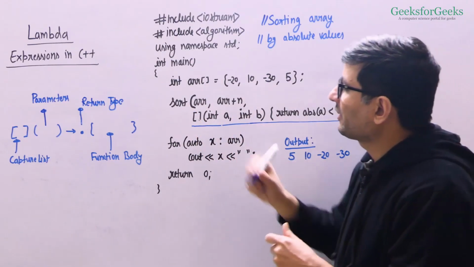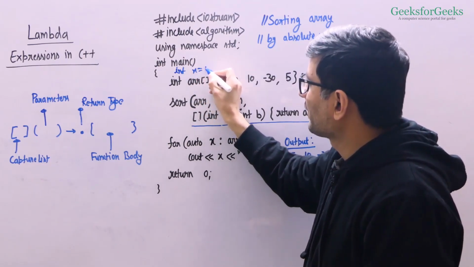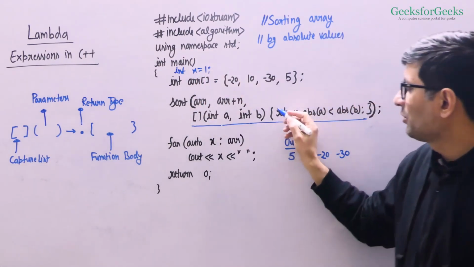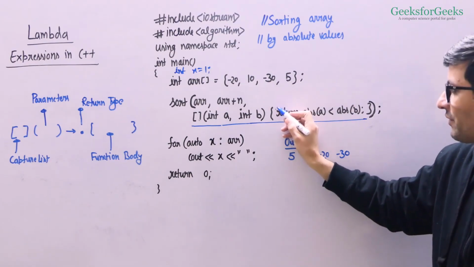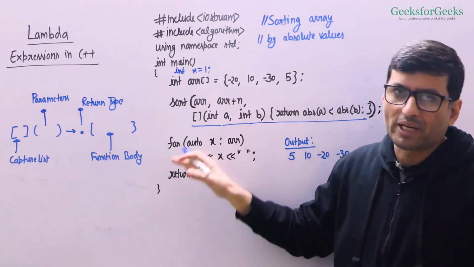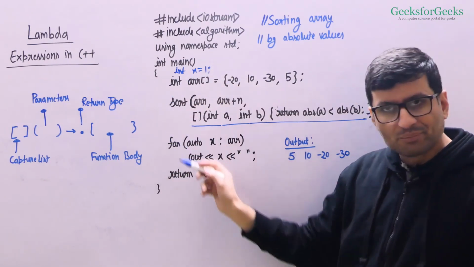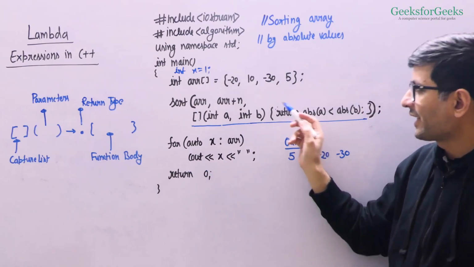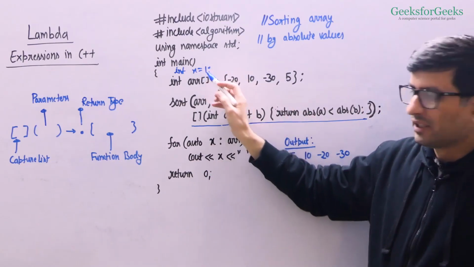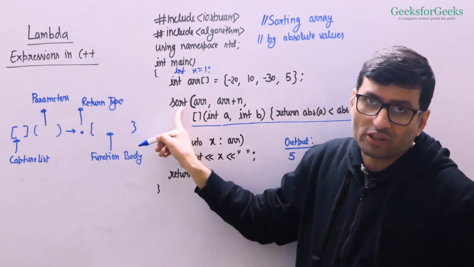Say if I create a variable x here, int x, and if I define it with 1, and if I try to access x inside this lambda expression, if I write cout x, it would give a compiler error. Even if it is created inside the main scope, it cannot access the local variables of main.